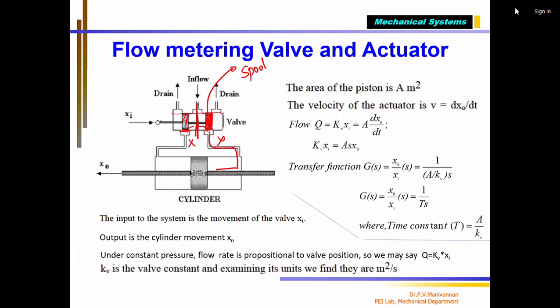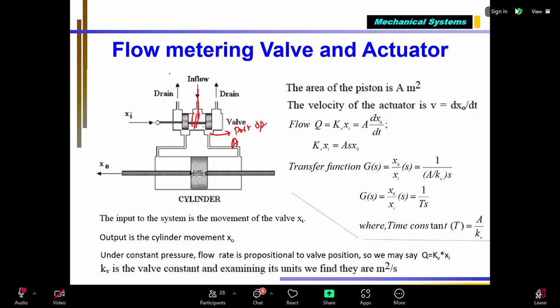Now, if I want the pressurized fluid which is here to enter into here, that means this port should open. In that case, I have an electric solenoid.